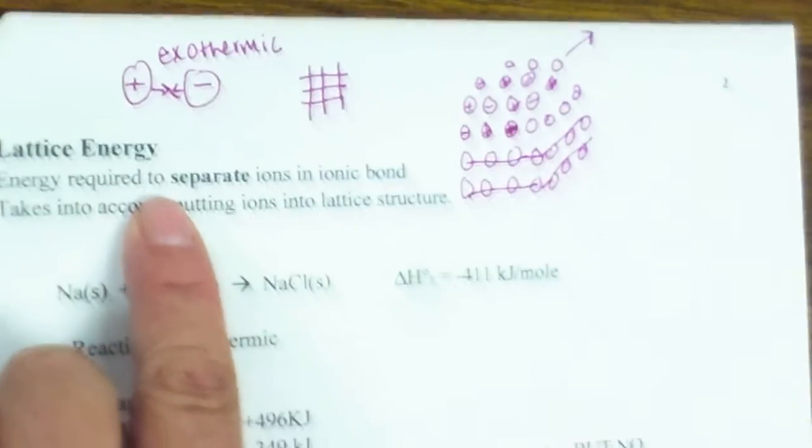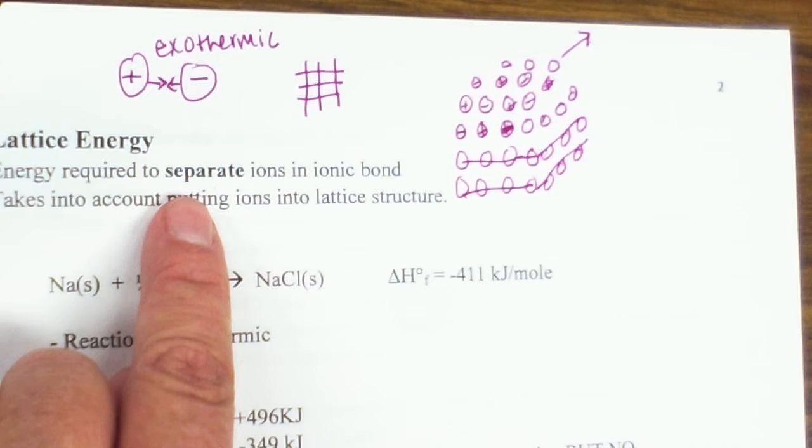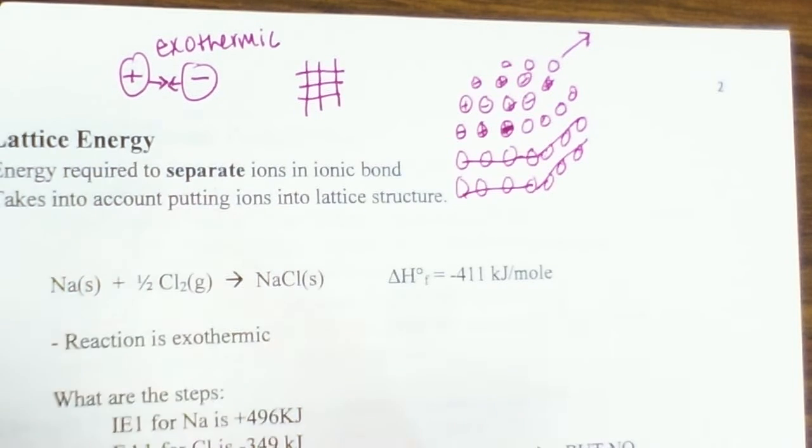So that means the energy required to separate them is endothermic. It's going to take energy to separate them. You're going to have to put energy in to pull them apart because they want to be together. Does that make sense?